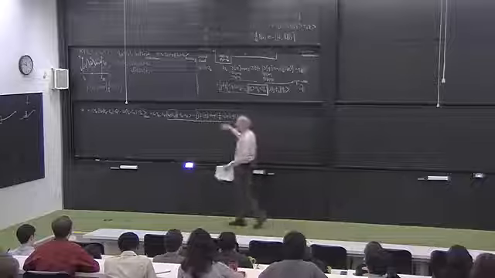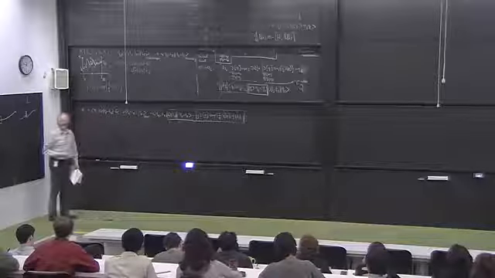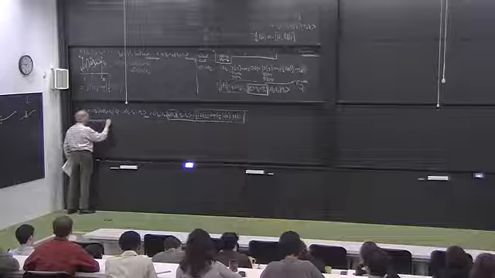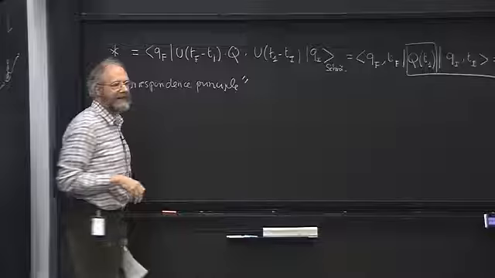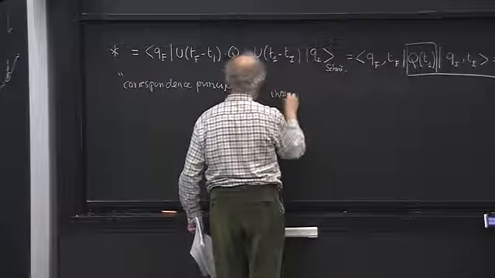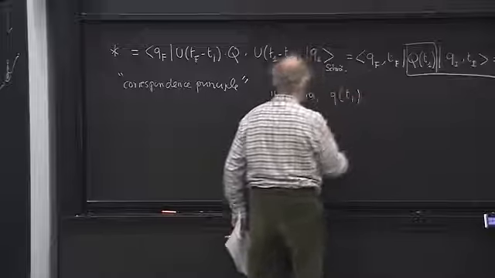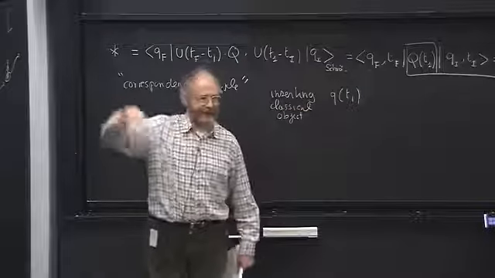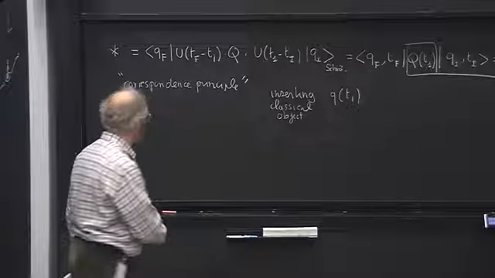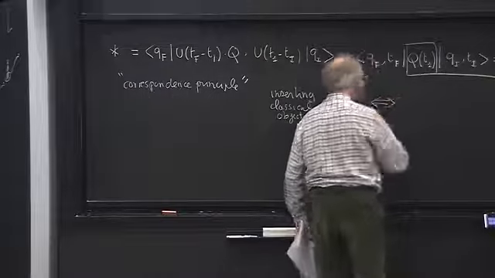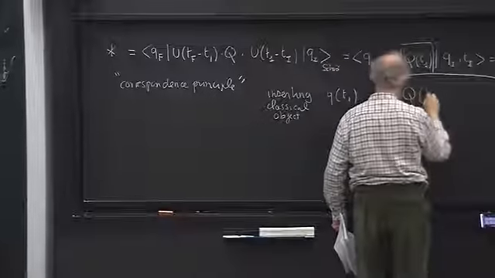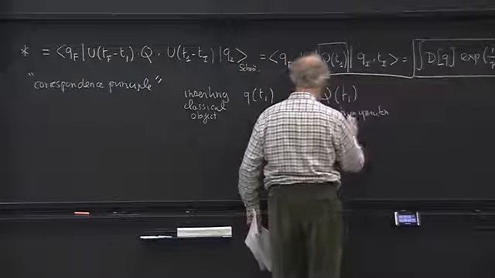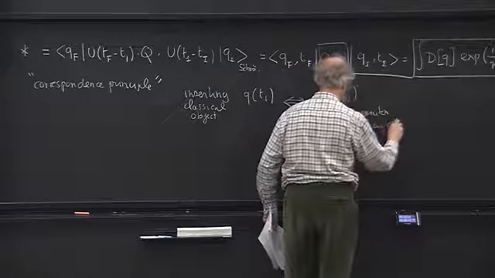So you see, it's a path integral version of the correspondence principle. Inserting a classical object, the position of the particle over which we sum its history in the path integral, is equivalent to computing the matrix element of the quantum operator Q of T1, the quantum operator in the Heisenberg picture.